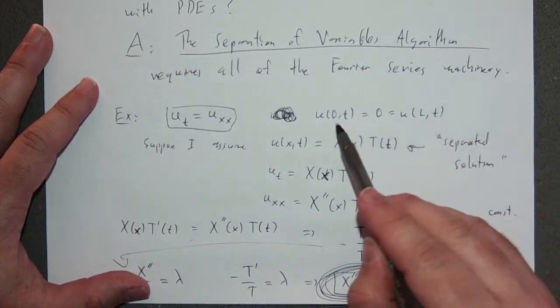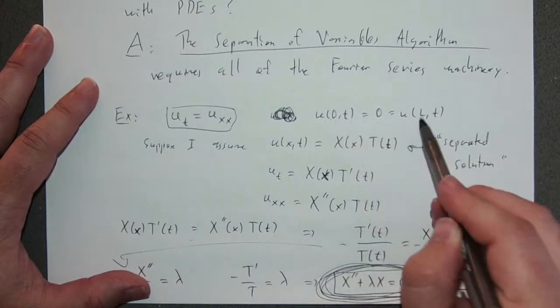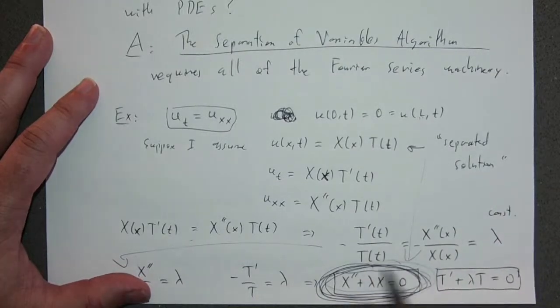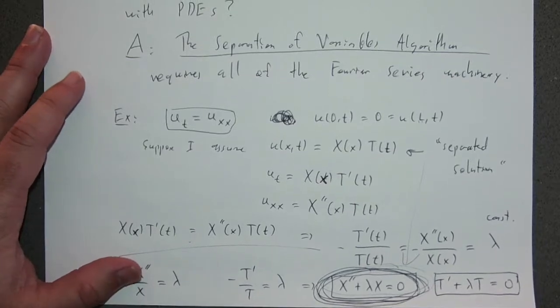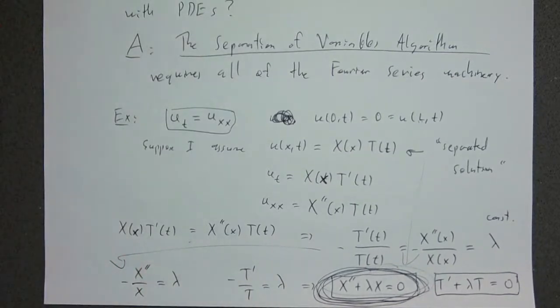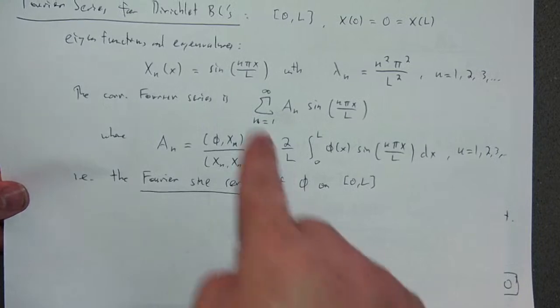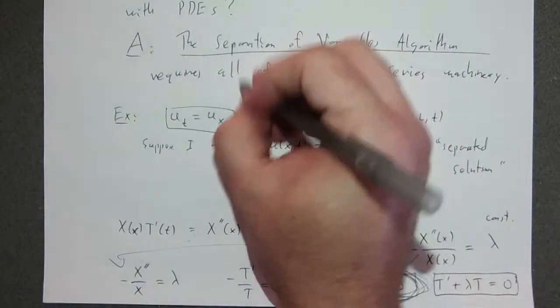Those boundary conditions, since they're conditions in x, fall onto this ODE. They become boundary conditions for this eigenvalue problem. Well, guess what? I can then solve that eigenvalue problem with my canned Fourier series. What is the phi that I'm looking for? It's the initial data.